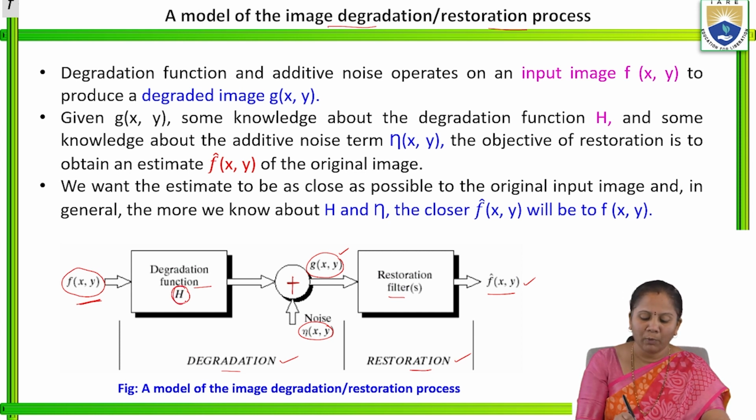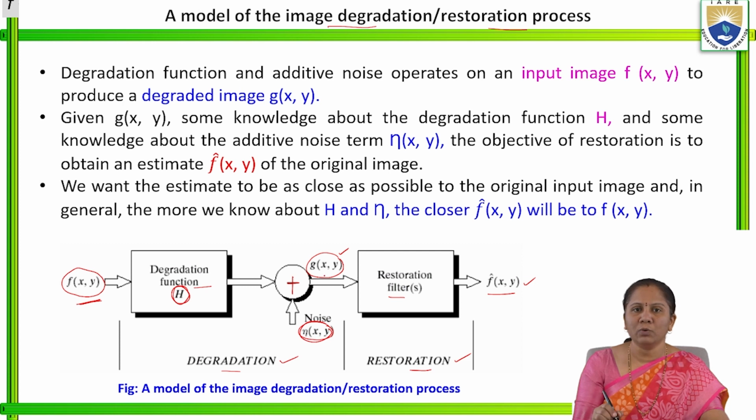One is the degradation function h, and the next is the additive noise that we add. If we have knowledge of these two, this objective can be achieved. This entire process is done in order to achieve image enhancement, improving the quality of the image.